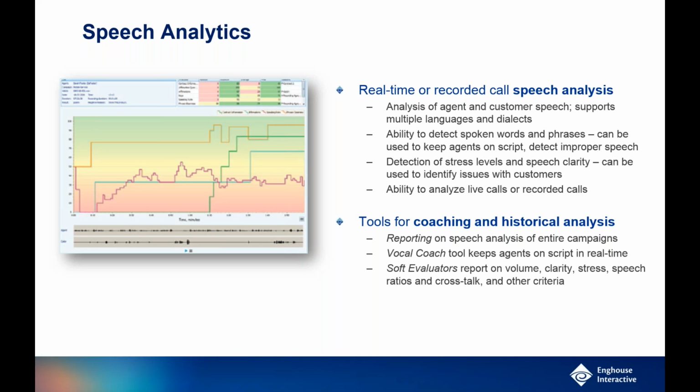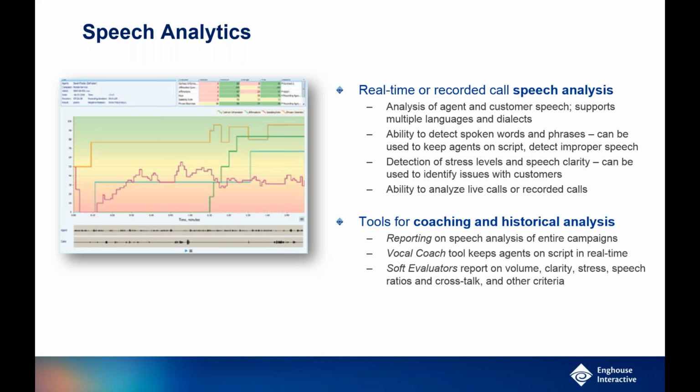And then what if I don't want to do it real time? What if I want to do it after the fact using recordings? Well, there I'm actually identifying areas of interest to the supervisor or the manager or the QA department, so I can flag interactions that you may want to evaluate in a more detailed fashion. So think about that.